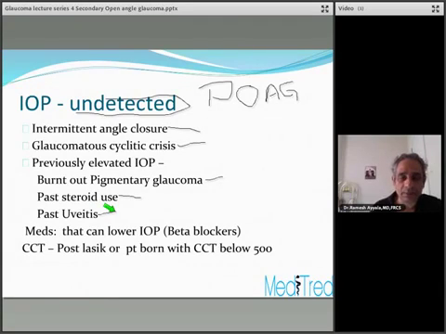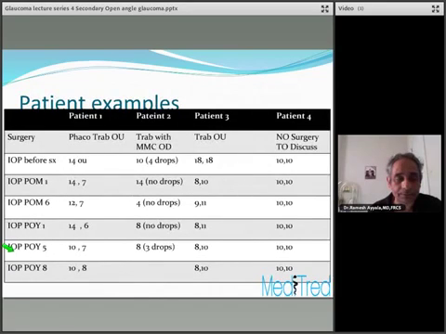And last but not least, central corneal thickness. I can't stress how important it is for you to measure the CCT, and a history of LASIK. In all of these situations, you can miss the intraocular pressure, or the intraocular pressure could be normal when you examine in the presence of optic nerve damage, and you can mistake this for normal tension glaucoma.